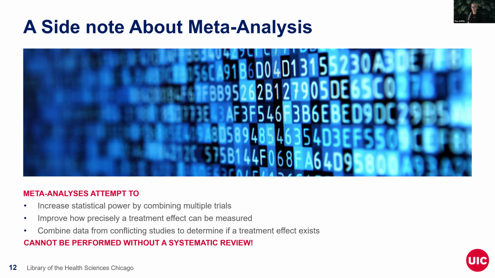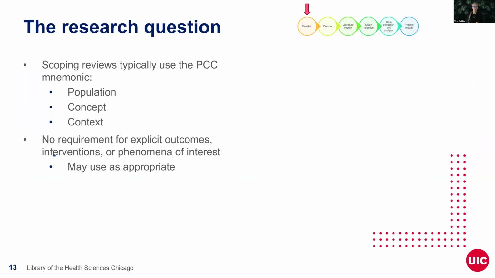Editorials and journals are just as bad about incorrectly using language about this, but I do want to point out that that's factually incorrect. Meta-analysis and systematic reviews go together, and meta-analysis can never stand alone. So with that little asterisk aside, it is possible to do quantitative statistical studies on your scoping review. It's just not this. All right.